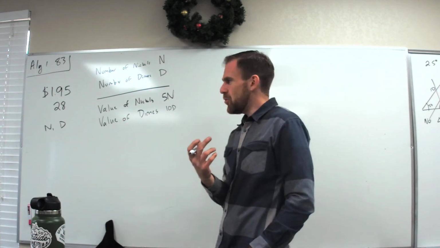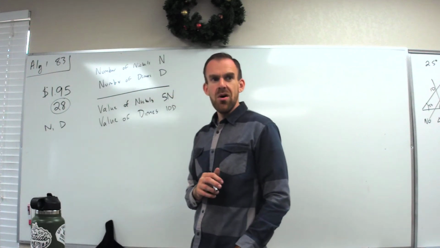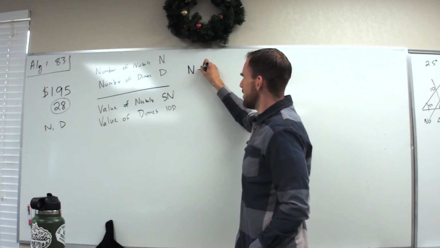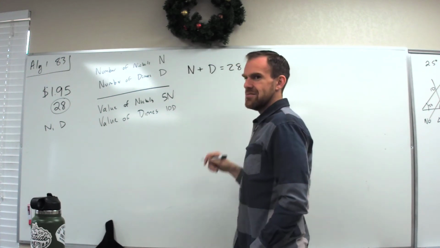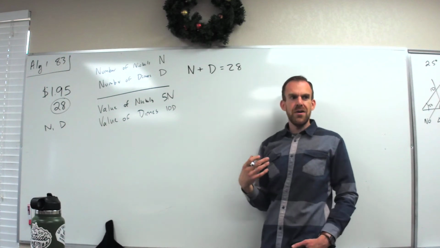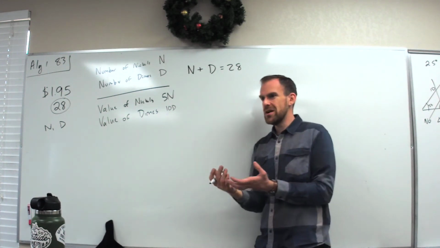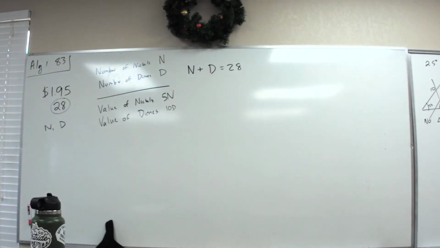It's simple. They've given us the total number. So I am going to add the number of nickels, n, plus the number of dimes, d, and that equals 28. Do we agree? If we have n nickels and d dimes, and our total number of coins is 28, then n plus d should equal 28.